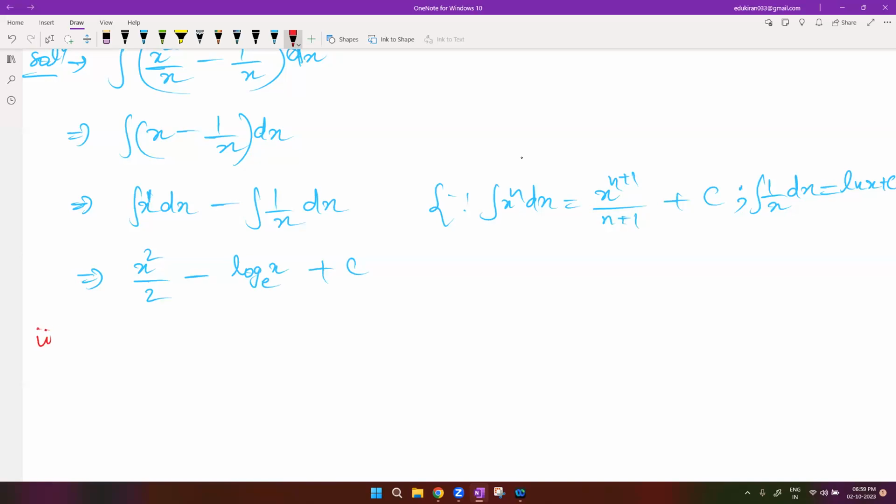Let's try to find the simple integration first. Please solve this one.